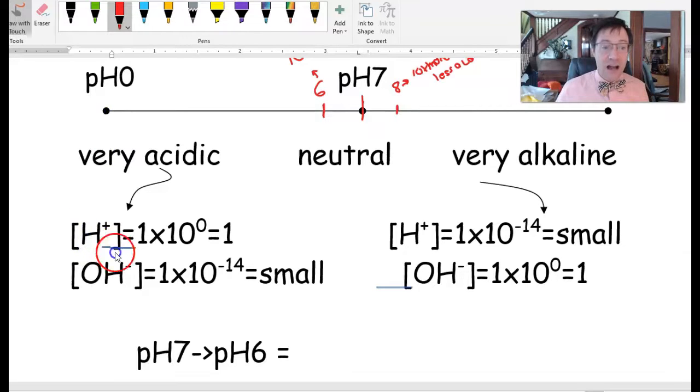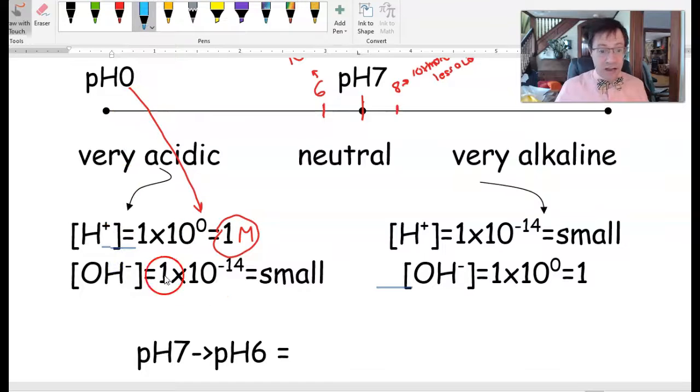Because the hydrogen ion concentration is 1 times 10 to the 0, right? pH of 0, which gives us a concentration of 1 molar for the hydrogen. And that means that the hydroxide is going to have to be 1 times 10 to the minus 14. I don't have enough space here to write that out. So that's going to be very, very small.